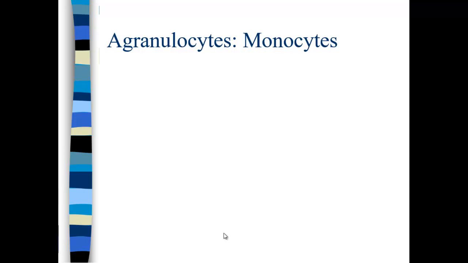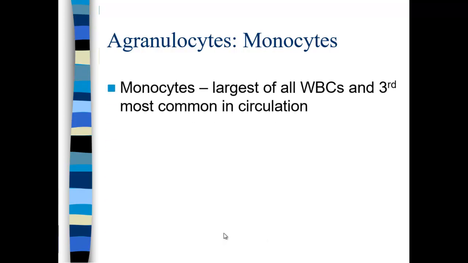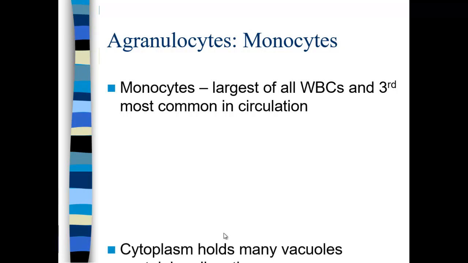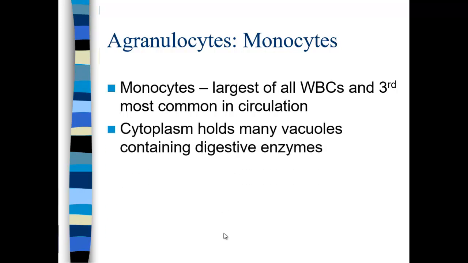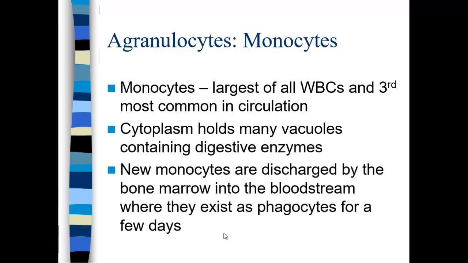Another type of agranulocyte is a monocyte. It's the largest of all white blood cells and the third most common in the circulatory system. The cytoplasm has many vacuoles that have digestive enzymes, and these are discharged by the bone marrow.